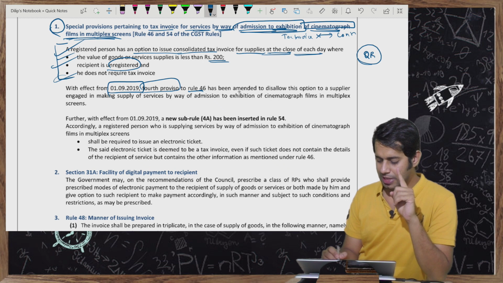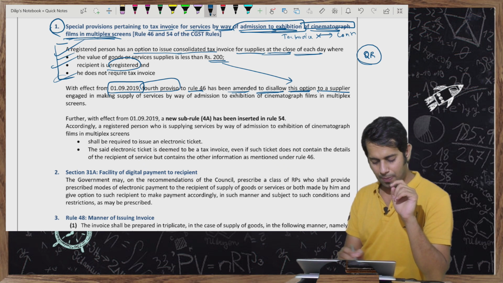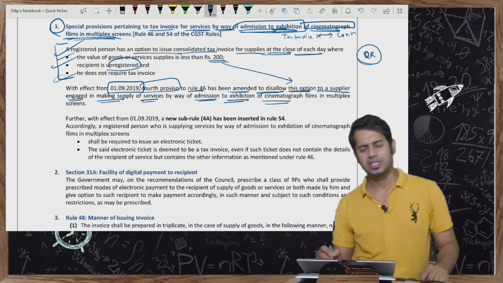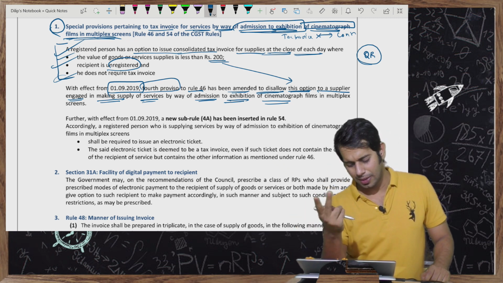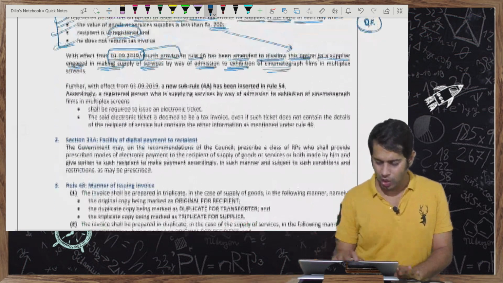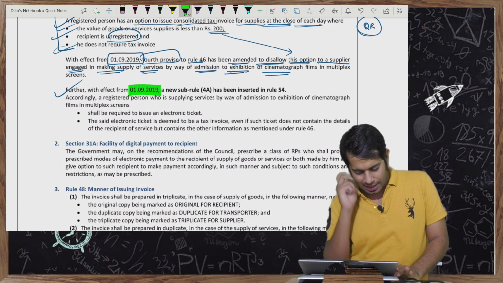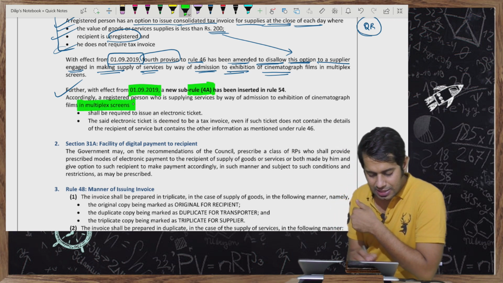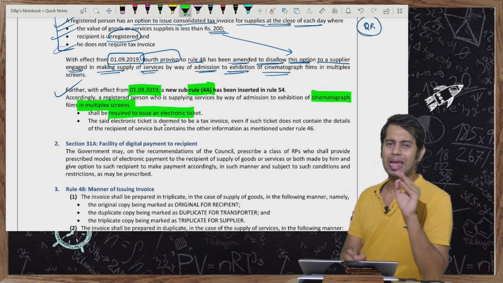The fourth proviso of rule number 46 has been amended to disallow this option. Which option? The above option, to a supplier engaged in making supply of services by way of admission to an exhibition of cinematographic films. So this option of giving a consolidated invoice for supplies of less than 200 is no more applicable to cinema halls or multiplexes. Further, with effect from 1st of September 2019, new sub-rule 4 has been inserted, which says that these multiplexes or cinema halls shall issue an electronic ticket.